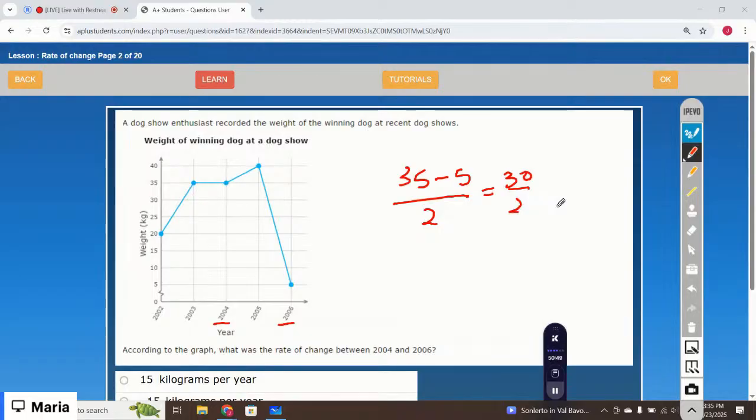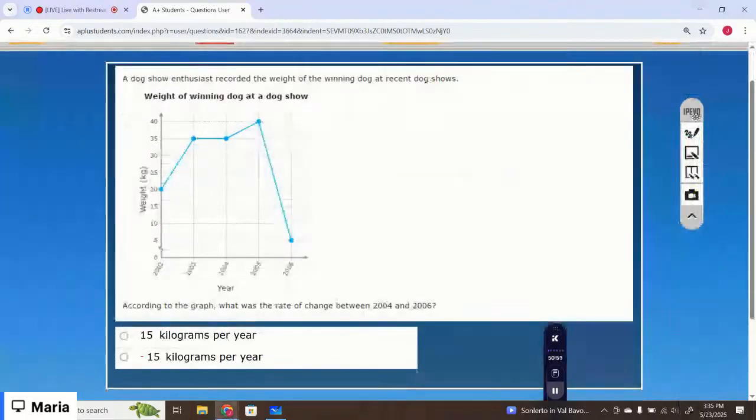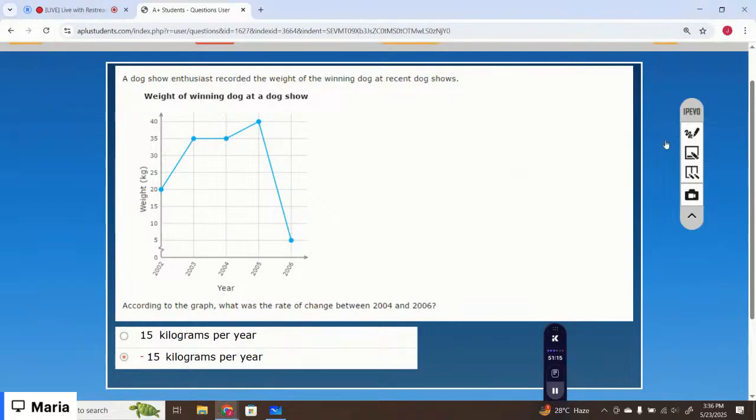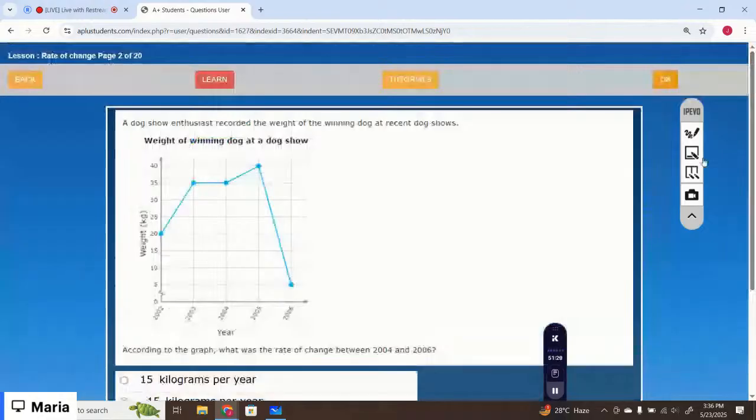That is 30 divided by 2, which is 15, so that is negative 15. Negative 15 kilograms per year. Option number 2 is the correct option.